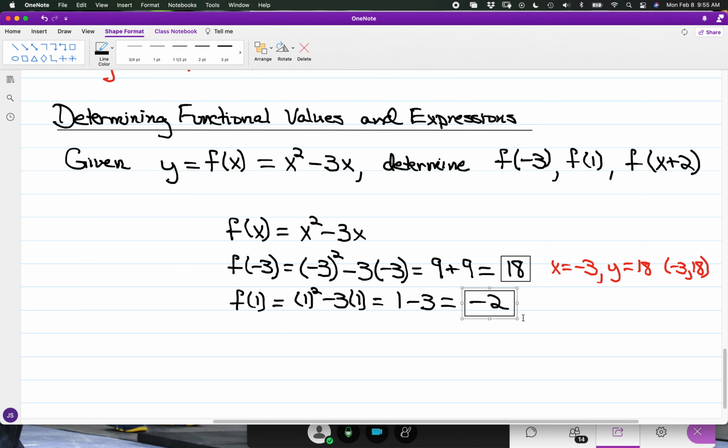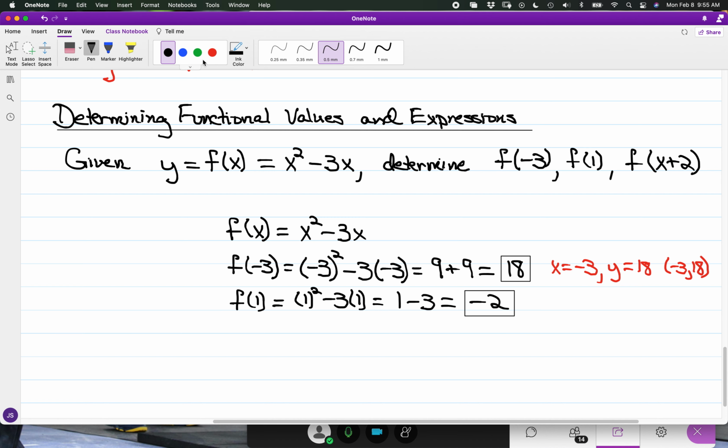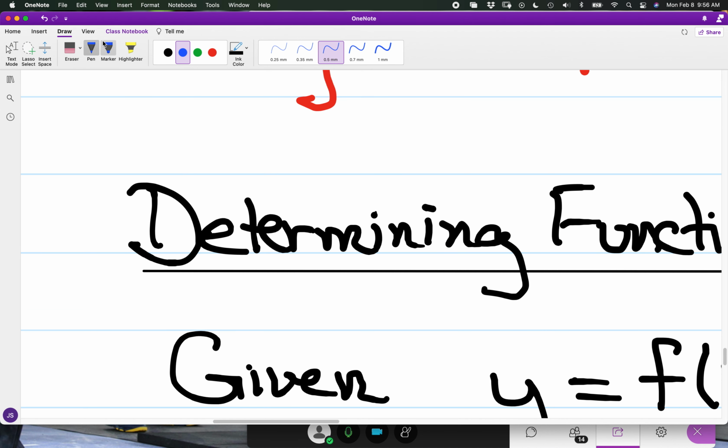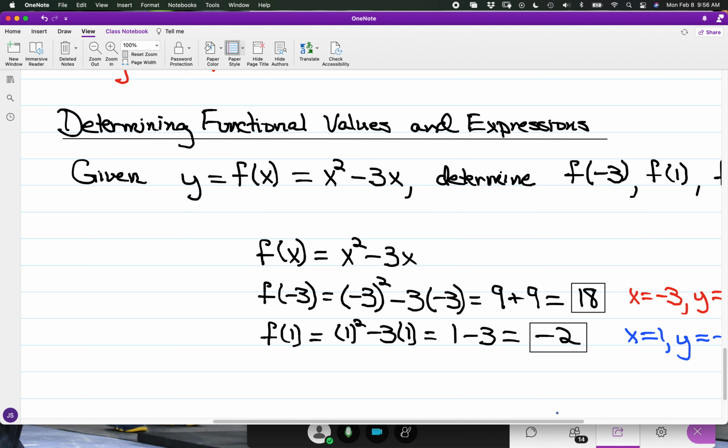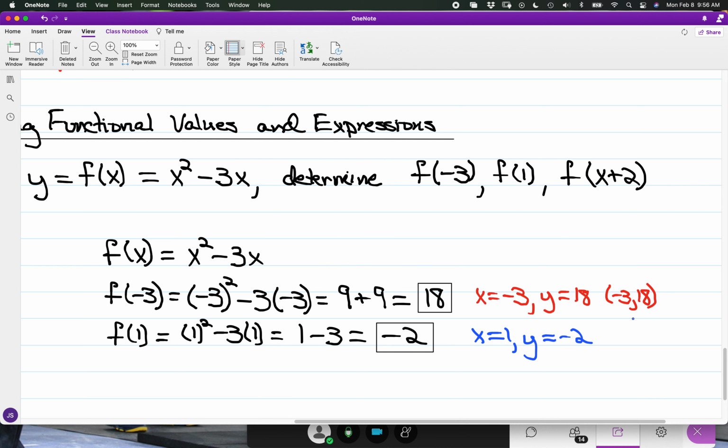So we're looking at a specified point here. We have x equal to 1, we have y is equal to negative 2. So a point on the graph of this function, along with negative 3, 18, we're also going to have 1, negative 2.